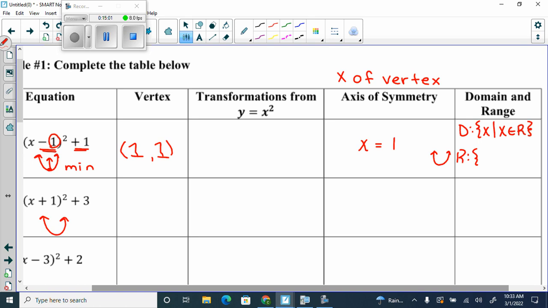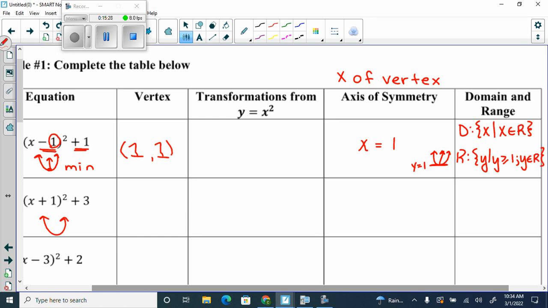So the lowest this goes is y equals 1. So if I look for the y of the vertex, it gets me the value I need on my range. Right? Because the vertex is at (1, 1). Well, the lowest this goes to is 1 or higher. So I'm going to go y such that y is greater than or equal to 1, y ∈ R.